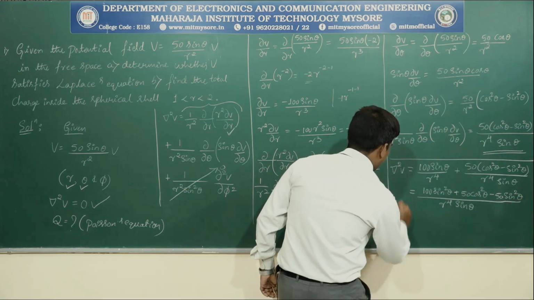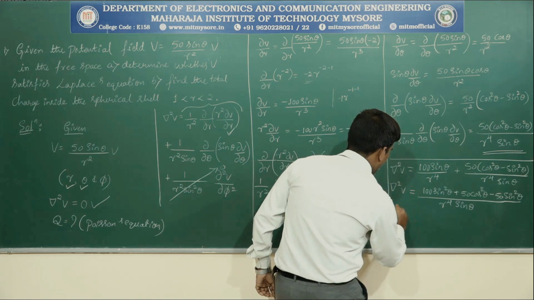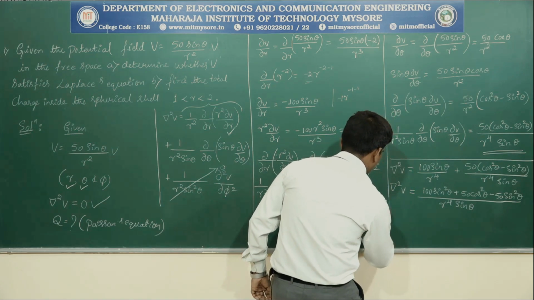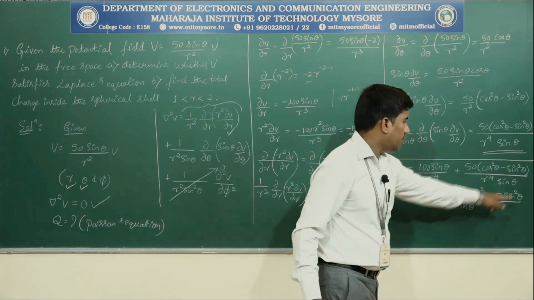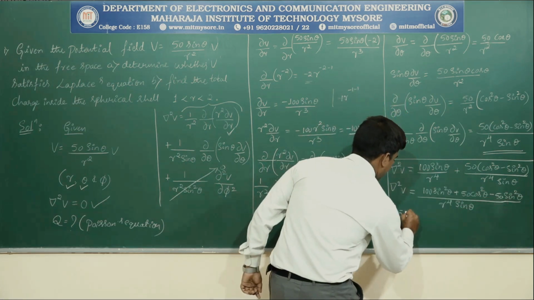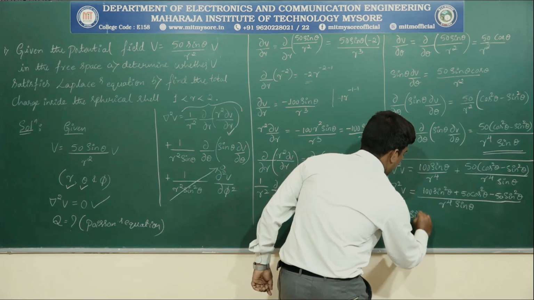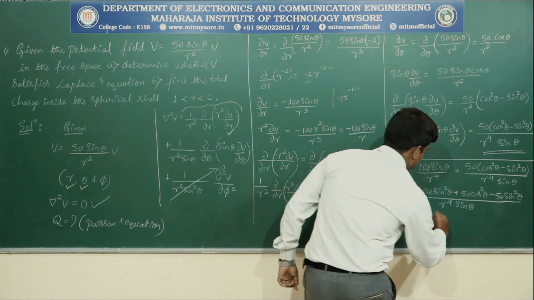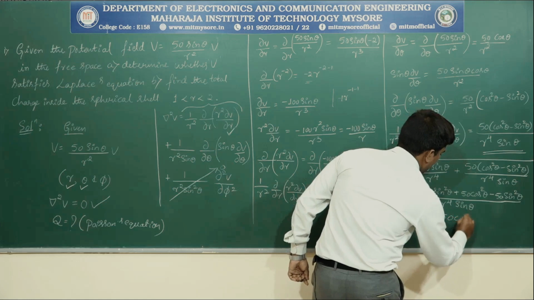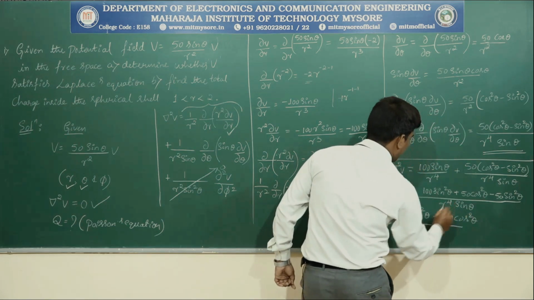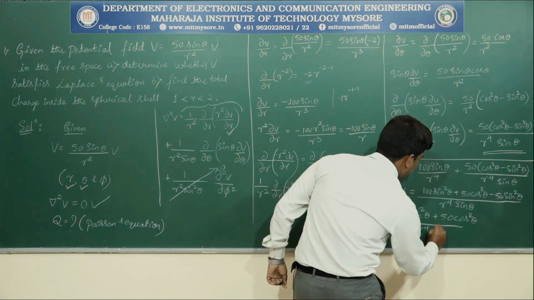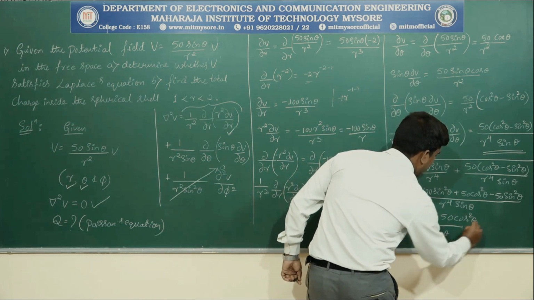What is the next step? Gradient square V, let me write here. Gradient square V is equal to 100 sin square minus 50 sin square means 50 sin square theta plus 50 cos square theta divided by r power 4 sin theta.